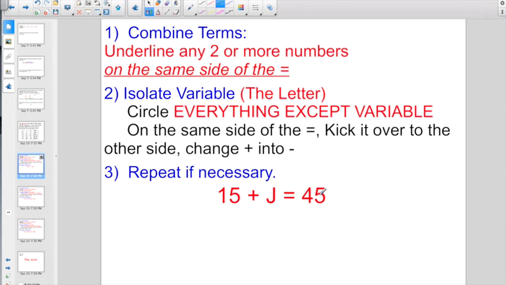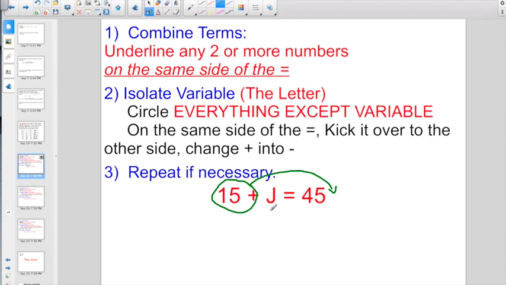Nope, I just have 1 number there, 45. So looks like I go to step 2. Isolate the variable. I want to get that letter J by himself. I'm going to circle plus 15. I'm going to kick him over to the other side, and I'm going to get ready to rewrite my second line.